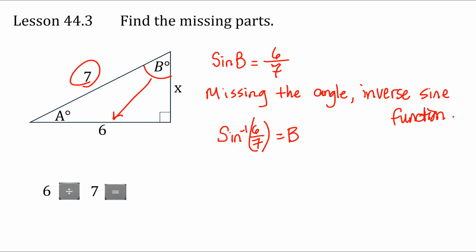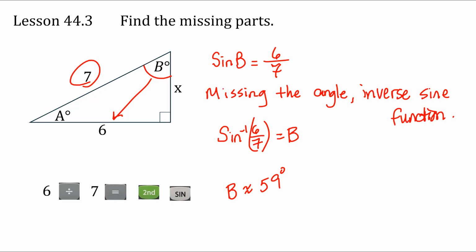So I get 6 divided by 7 by hitting the equals, and then I tell my calculator, second function, sine. And now I'm done. I don't have to hit equals again. If I hit equals, it's okay, but I don't have to because I just took the inverse sine of 6/7. So it's all good. If I punch that in, I get about 59 degrees. So B is about 59 degrees.